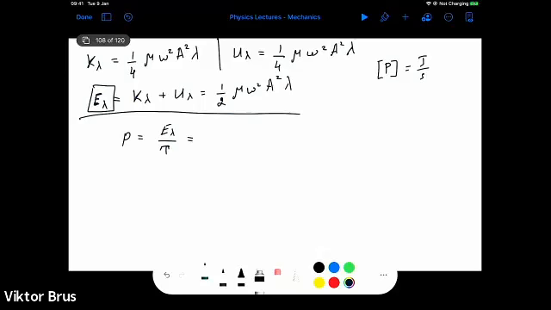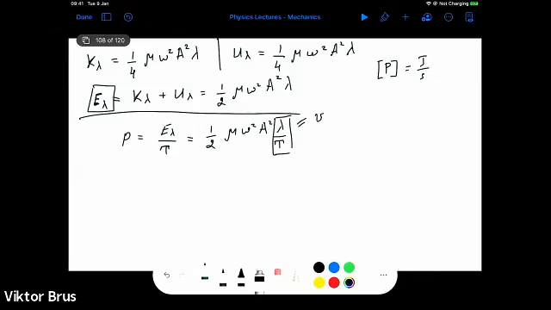So that could be written as 1 over 2 times mu omega square A square lambda divided by T. And what do you think this is, lambda divided by T? What velocity? Yeah, it's speed v.